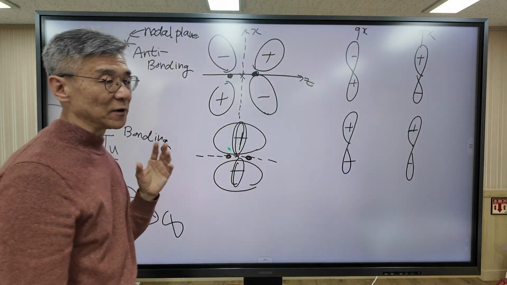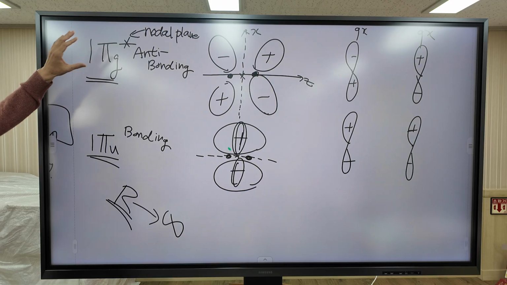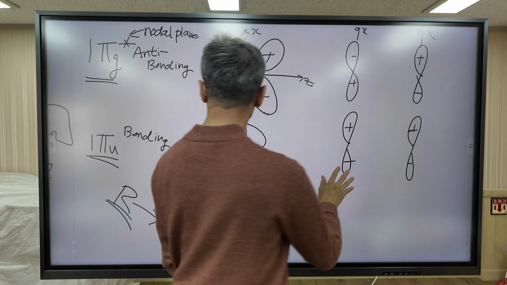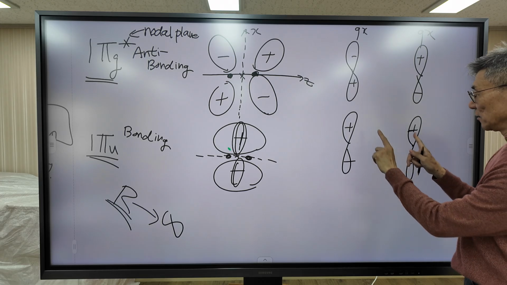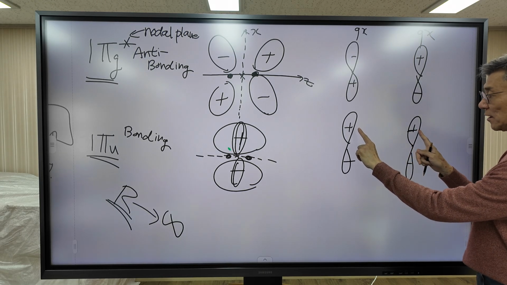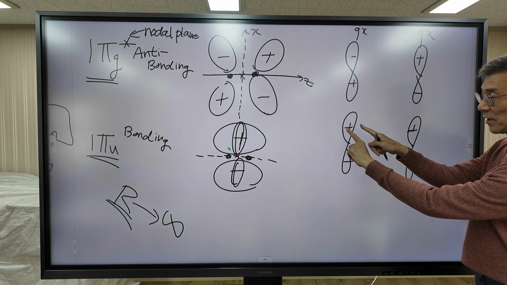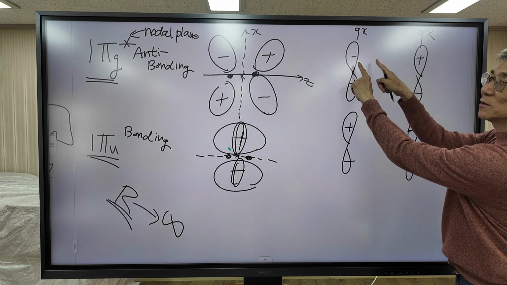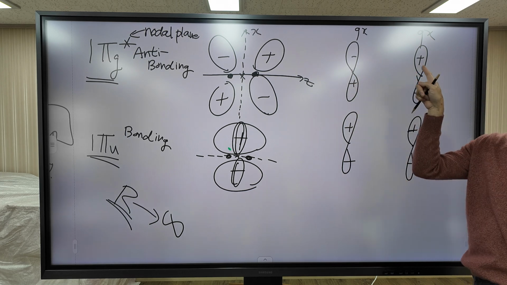But there is a big difference between the 1 pi g orbital and the 1 pi u orbital. For the 1 pi u orbital, the 2px orbitals have the same sign, plus, right? But for this orbital, opposite sign, minus plus, right?